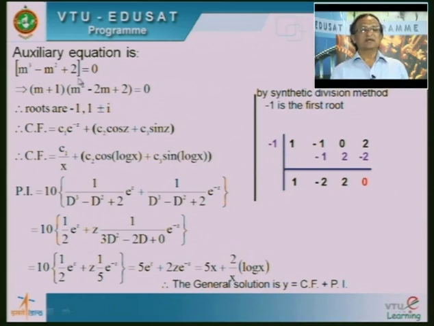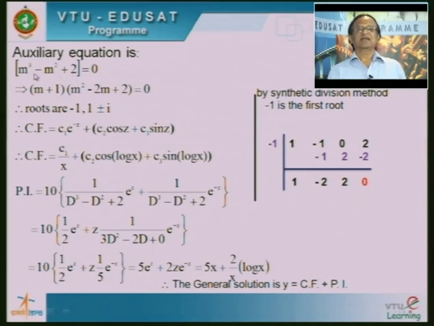So maximum 3. So one method is I can use the factorization method, if it is possible. If it is not possible, then I have to go for any other method. Here I am going to introduce one known method. What is the known method? Synthetic division method.